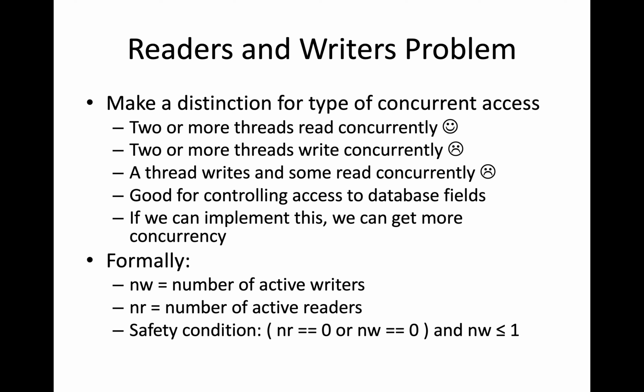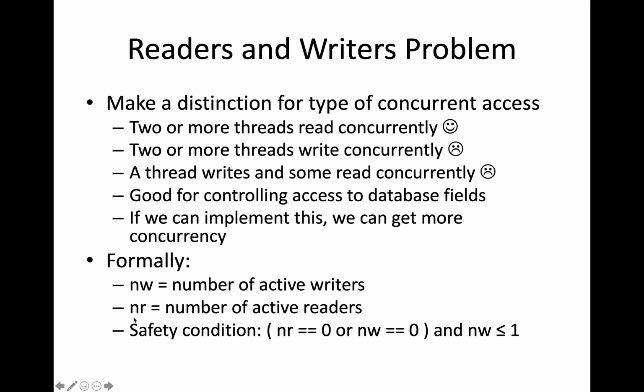The state for our monitor is going to keep up with how many of each type of thread we have. So if a thread wants to write to the object, it'll get a write lock, and we'll keep a count. This variable NW I'll think of as the number of writers that have a lock right now, and NR is the number of readers.